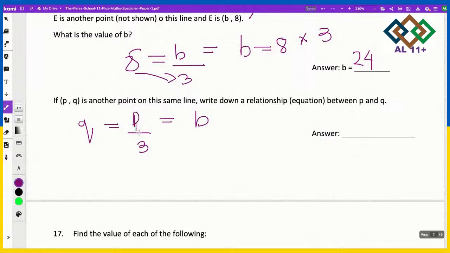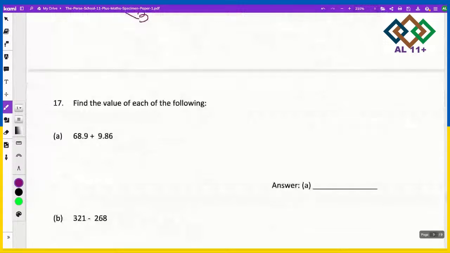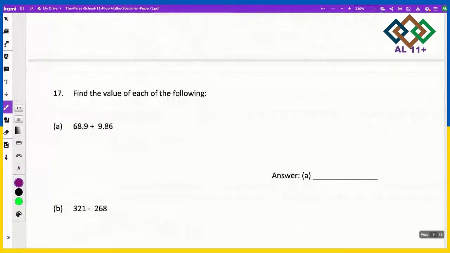P by 3, that equals, we'll do the same thing as we did previously, as I told you. You will just multiply this by this. So your P equals 3Q.